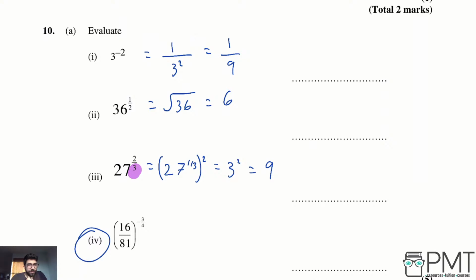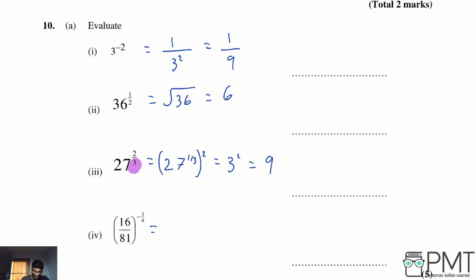Right, so how do we do this one then? If you have an answer, let me know. We have done one with a negative fraction before, but this time there's a fraction inside the bracket as well. The idea is still the same.